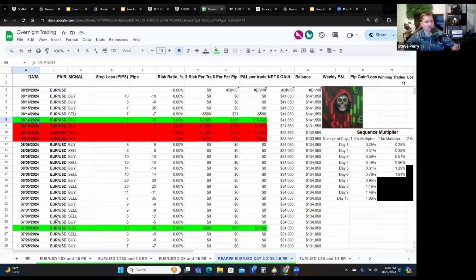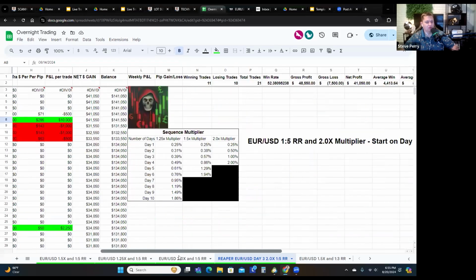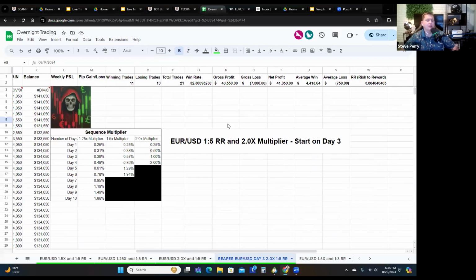So this is really a side strategy, but it could be your full-time strategy, assuming, again, this is a back test. This isn't actual trades that were taken, but well, they were trades that were taken. I did take these trades in my own account, just not with this multiplier and not with this concept of waiting for 3 consecutive losses and then jumping in.